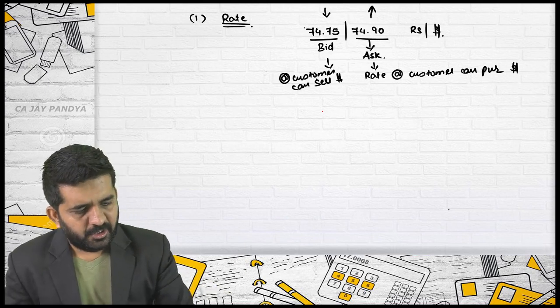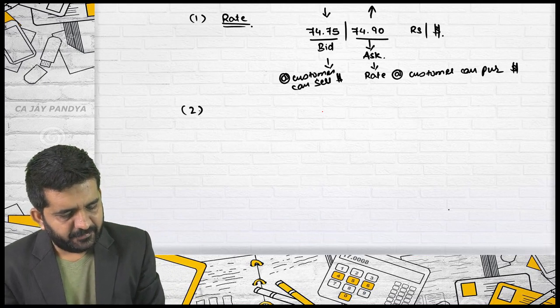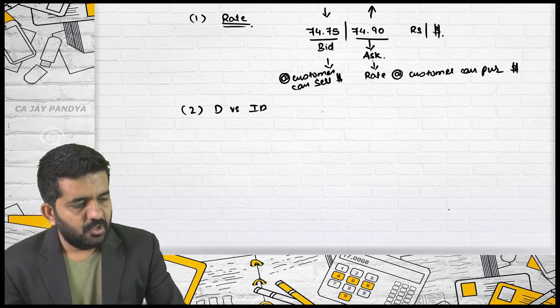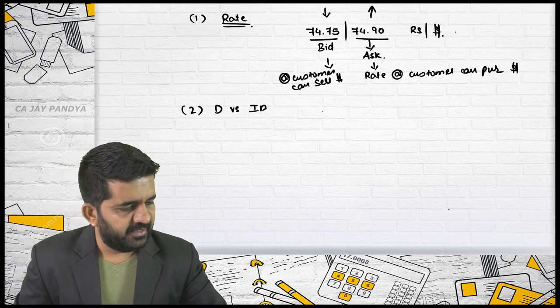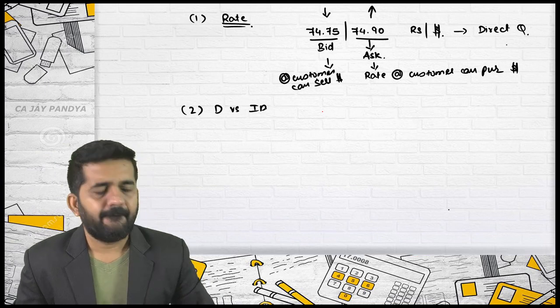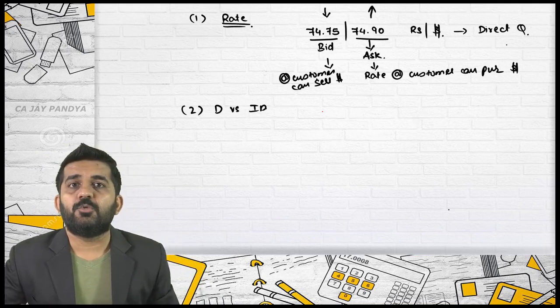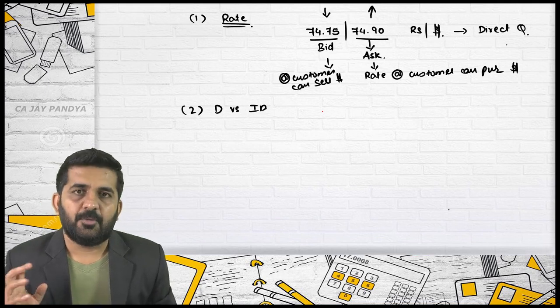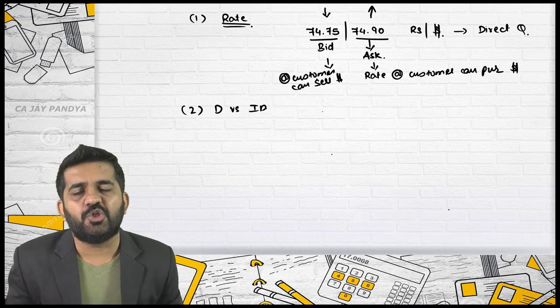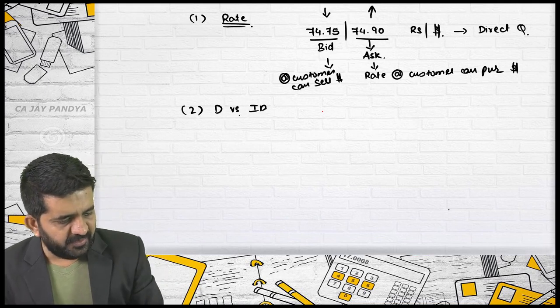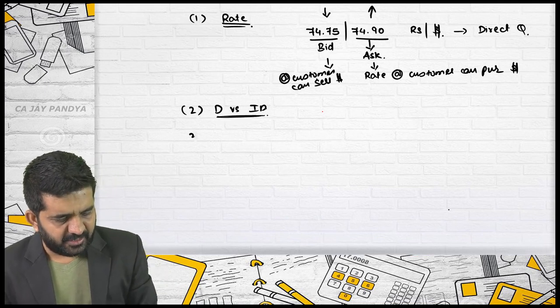Then we understood that this type of rate for Indian people is a direct quote. But for a person who is in USA, this quote is an indirect quote. For a person whose home currency is US dollar, for them this is an indirect quote. So, we understood the direct versus indirect.